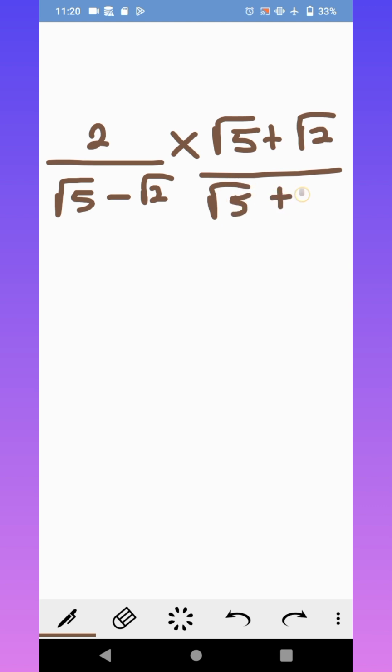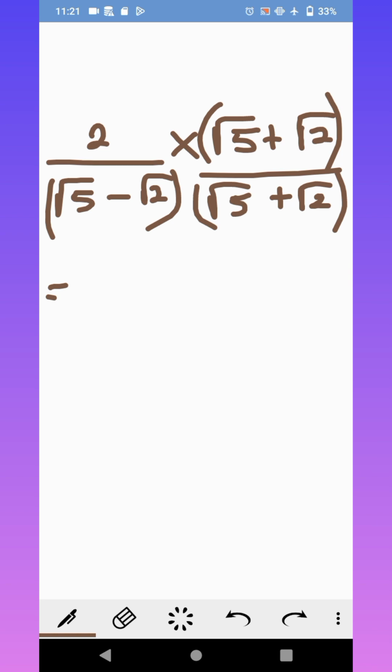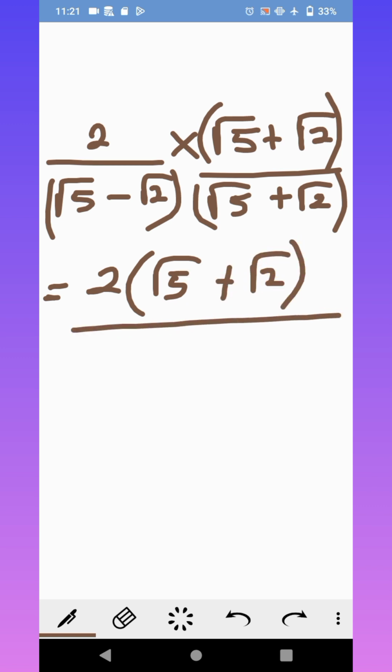Root 5 plus root 2, put it in brackets. Then we'll expand 2 times everything at the top to give us 2 open bracket root 5 plus root 2 all over root 5 times root 5. Of course, we use difference of two squares, so we don't waste time.